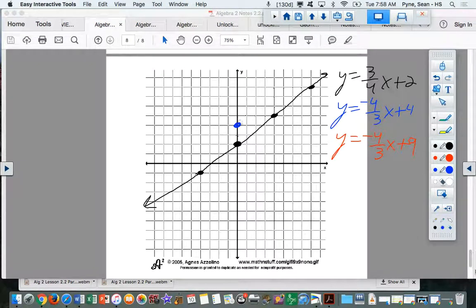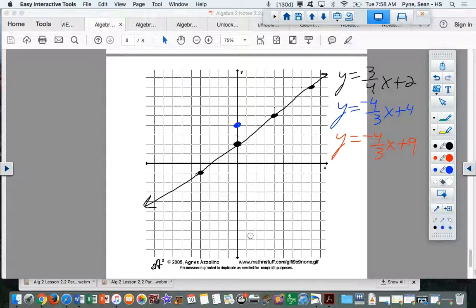I'm going to make a dot. So at this point, I do my slope of -4/3. Now, when I have a -4/3 slope or any negative slope, my negative motion usually is always going down. So what I'll do is I'll go down 4. 1, 2, 3, 4. That's my negative motion.